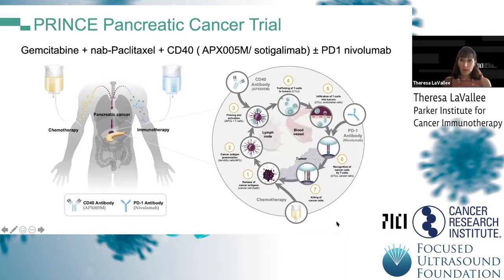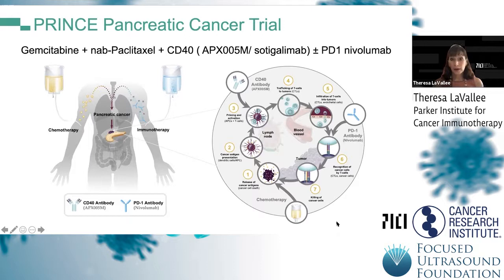So I'm going to use as an example the PRINCE pancreatic clinical trial that was recently presented at ASCO, in which Bob Vonderheide at UPenn has some beautiful work that he's published looking at CD40 in combination with chemotherapy and checkpoint inhibitors, specifically PD-1.